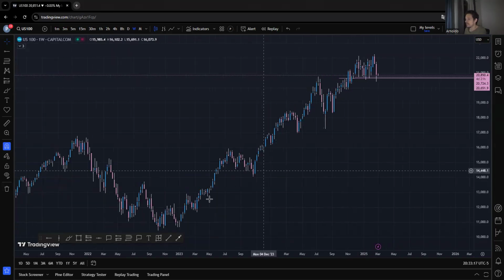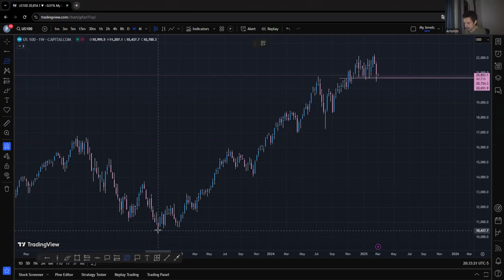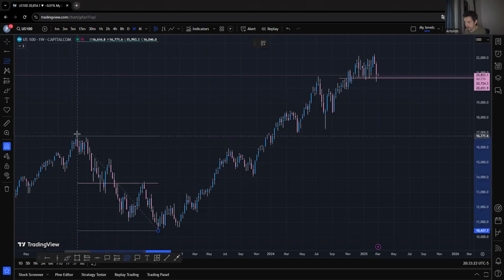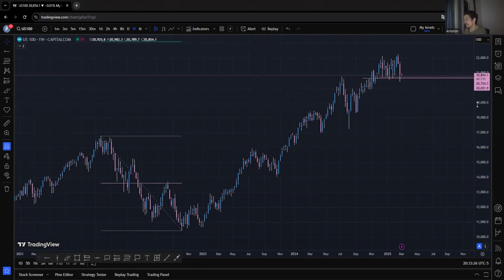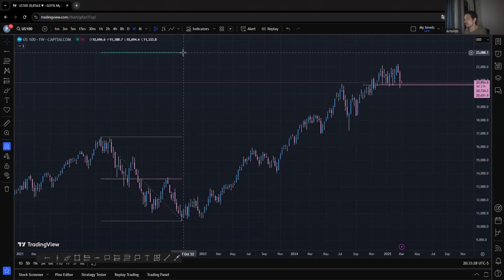Let's measure with our fib from this low to this high. That takes us almost to a nice replicated expansion. If you put this low to high range on top, it takes us up to here, so it's pretty close to where price has gotten.